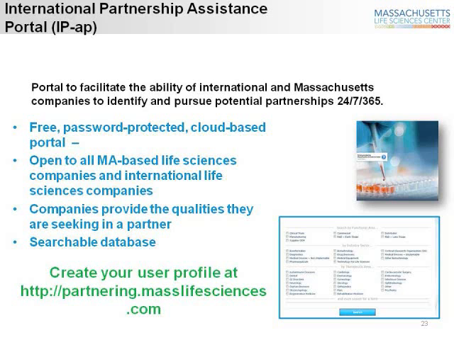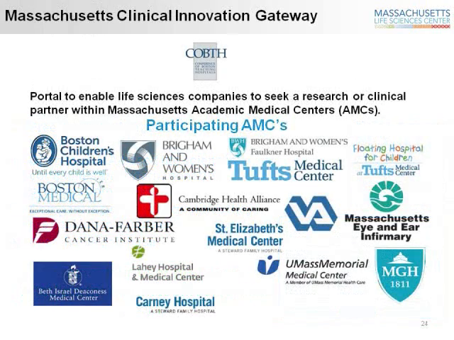It's a free portal, it's cloud-based, it's open to all Massachusetts-based life sciences companies, and it's also available to international life sciences companies. It enables you to seek out a number of different resources, whether it's partnerships in R&D or manufacturing or distribution. It's a great asset, you should check it out.